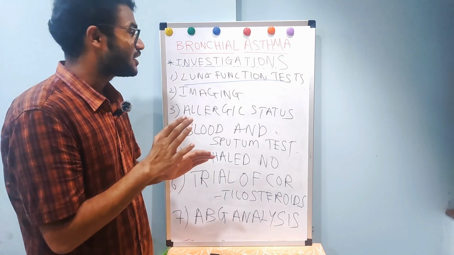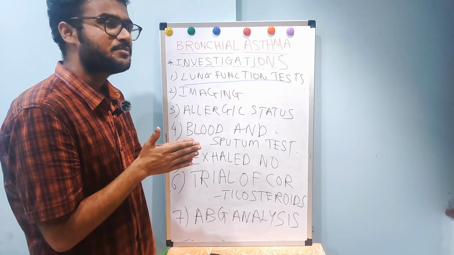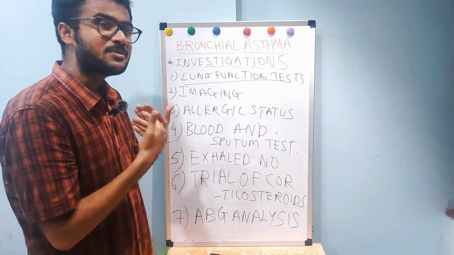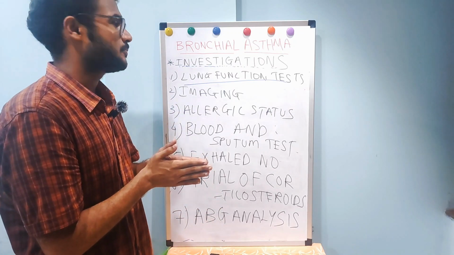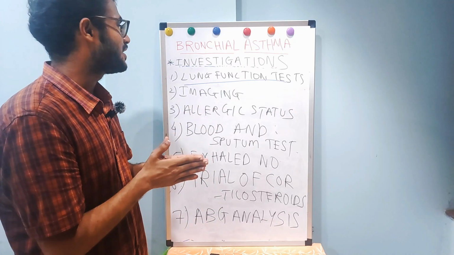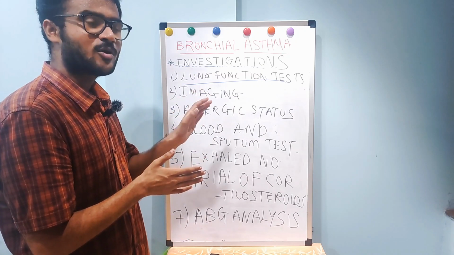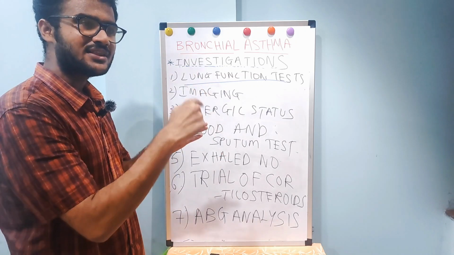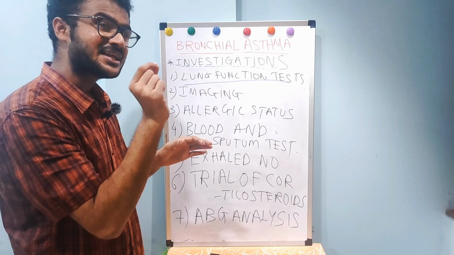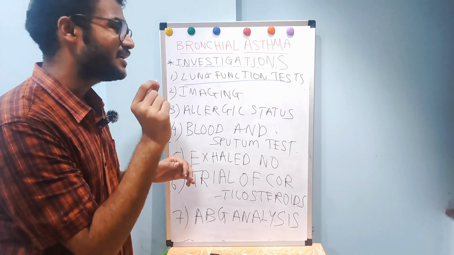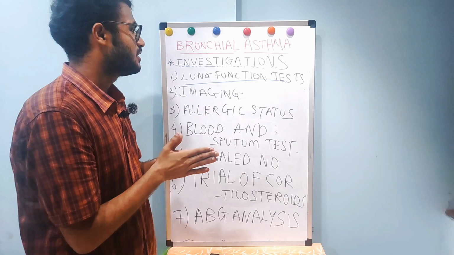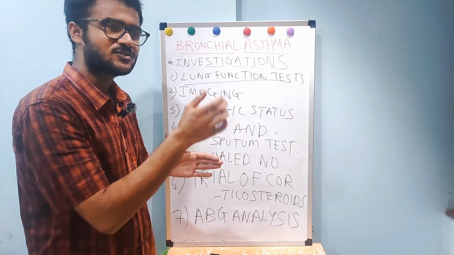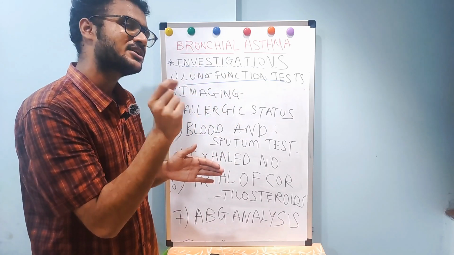Diagnosis of bronchial asthma is made when greater than 15% improvement occurs when we give an inhalational bronchodilator. And I also discussed the flow volume curve, wherein there is a concavity in the expiratory part, which indicates airway obstruction, and in the inspiratory part it is superimposed on the normal graph.